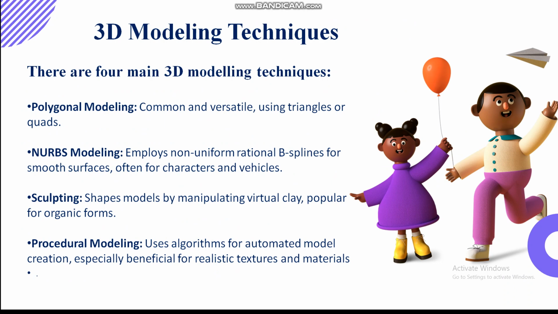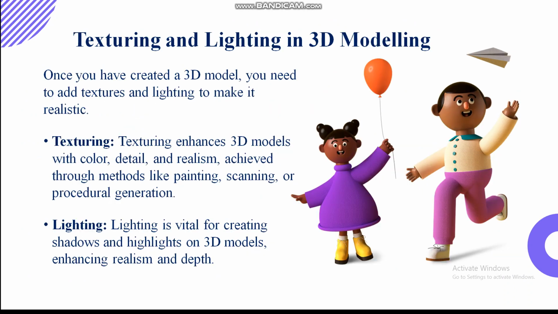Moving on, 3D modeling techniques. There are four main 3D modeling techniques. The first one, polygonal modeling, the second one, NURBS modeling, and third is sculpting. The fourth one is procedural modeling. Moving on, texturing and lighting in 3D modeling.